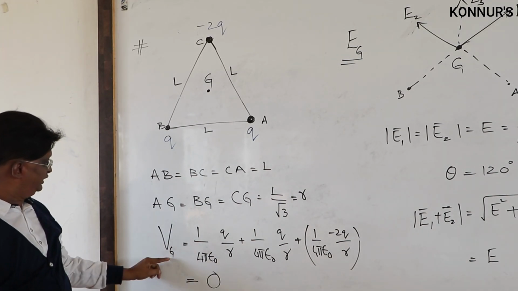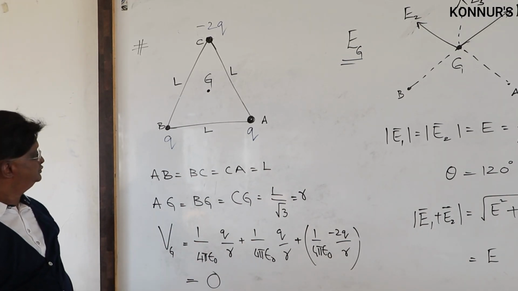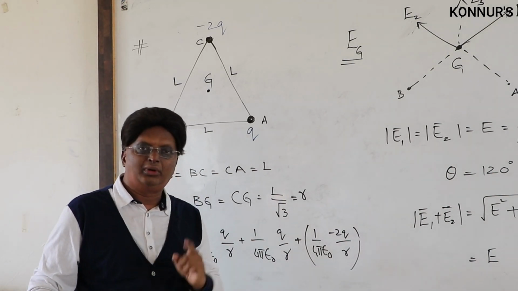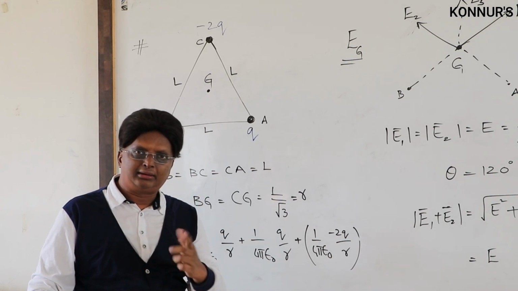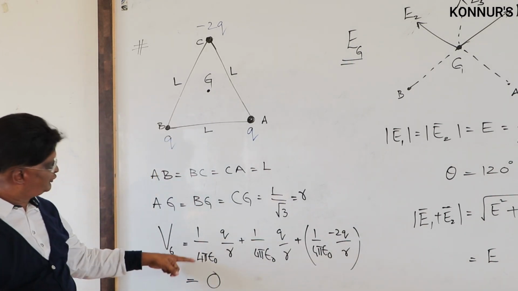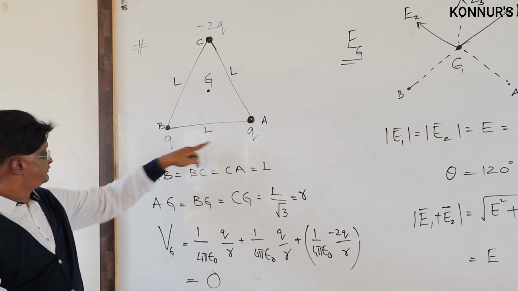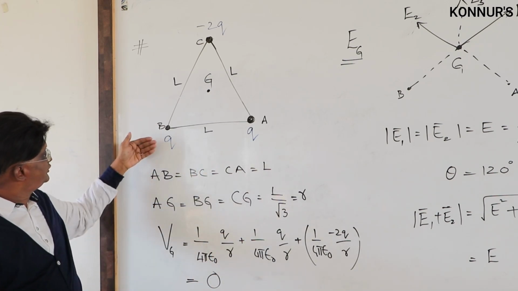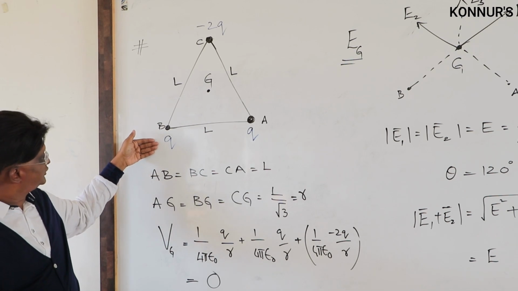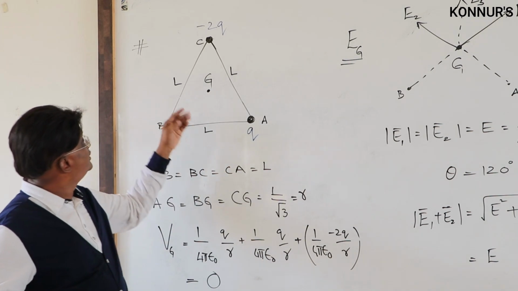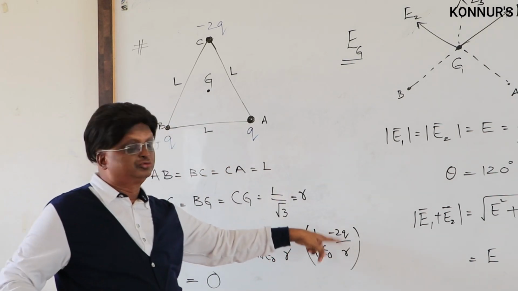Therefore V at G is, use the same expression, potential due to a point charge 1 by 4 pi epsilon naught Q by r. So here comes 1 by 4 pi epsilon naught Q by r, this one is positive. Again potential due to this charge 1 by 4 pi epsilon naught Q by r, the second term, and look at this third term, plus 1 by 4 pi epsilon naught minus 2Q by r.